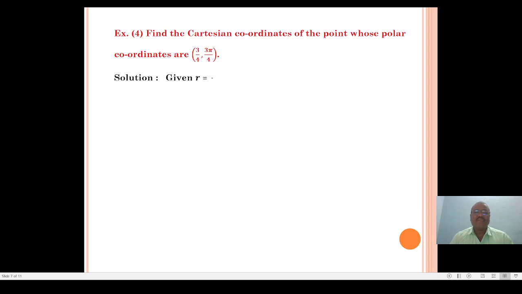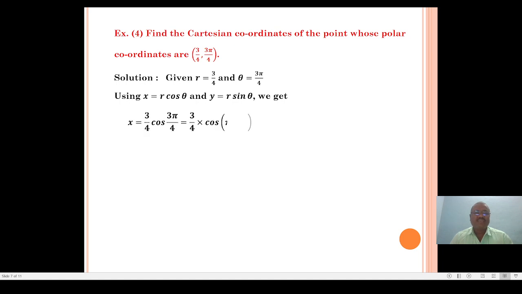Next example. Find the Cartesian coordinates of the point whose polar coordinates are (3 by 4, 3 pi by 4). So we have r equals 3 by 4 and theta equals 3 pi by 4. Using x equals r cos theta and y equals r sin theta, we get x equals 3 by 4 cos 3 pi by 4.